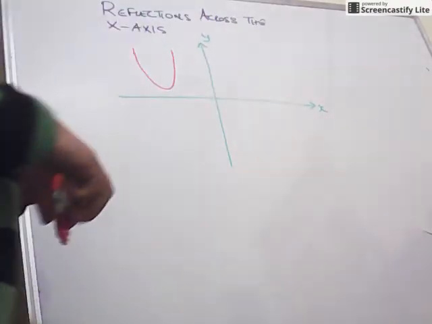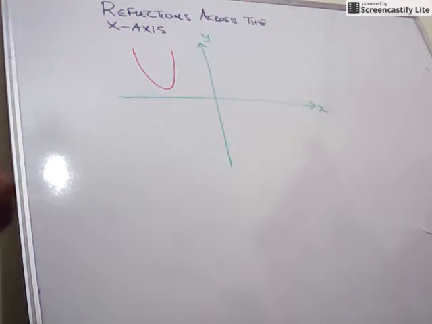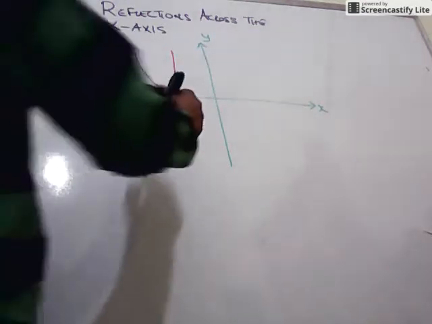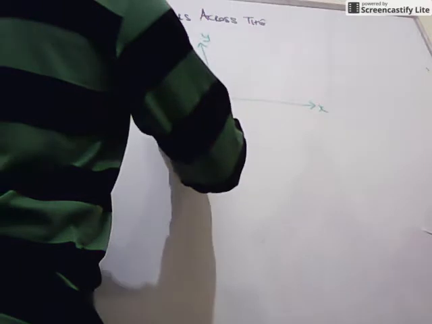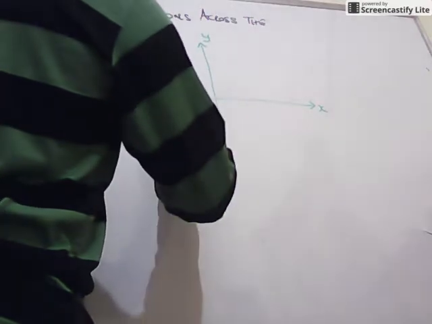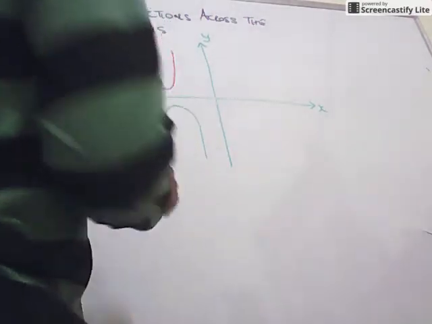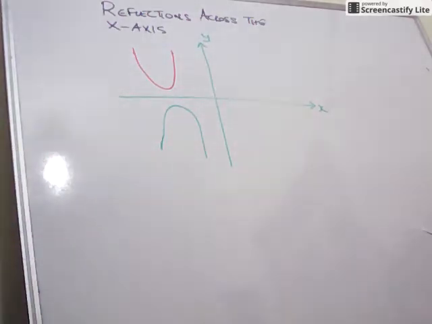The parabola is situated in quadrant 2 on my Cartesian plane. So let's look at what a reflection of this parabola would look like. The reflection is drawn in green.